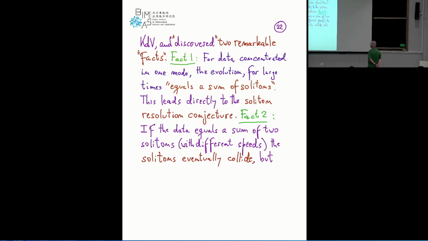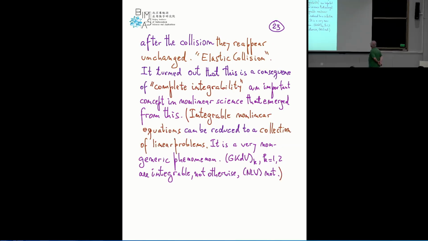The second fact that they discovered with other data: instead of taking data in one mode, they constructed data which is the sum of two solitons which travel at different speeds. Okay, two of them. As they evolve, they're going to collide, right? So eventually the solitons collide, but remarkably, after they collide, they reappear with the same shape. Maybe they got translated, but they have the same shape.